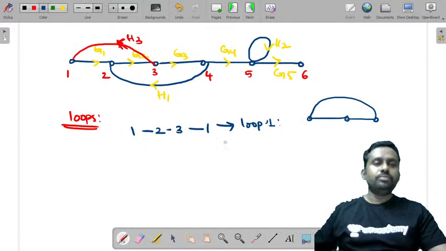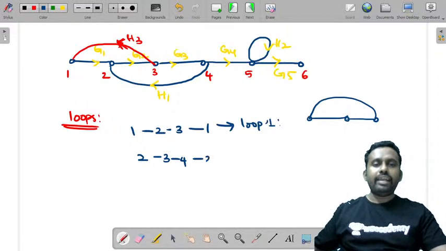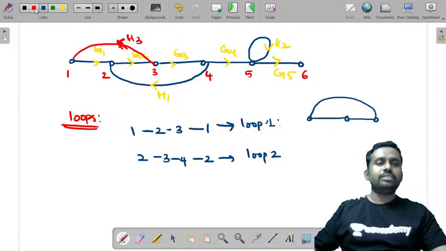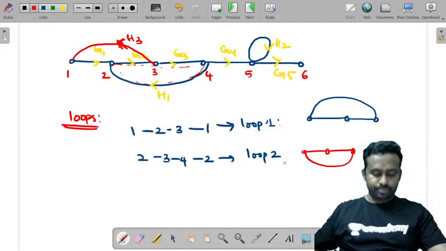This is one loop. The other loop is moving from 2 to 3, 3 to 4, and 4 to 2. This is loop 2. You can see this loop here. So you're moving from 2 to 3, 3 to 4, and coming back to 2.